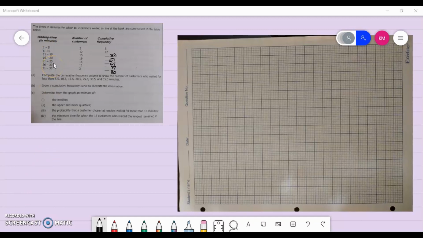How many customers waited in line for less than 25.5 minutes? I'm going to look at this class interval here, and my answer is going to come from my cumulative frequency column, and that answer is going to be 67. So 67 customers waited in line for less than 25.5 minutes.